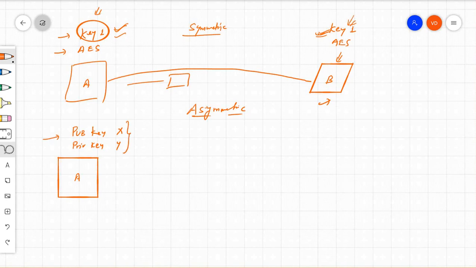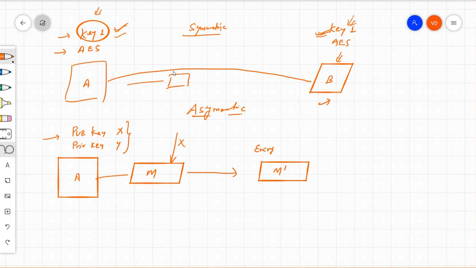And the logic here is, you would be amazed to see that if I have a message, suppose message M, and if I want to encrypt this message with this value X, the resulting message will be, suppose, encrypted message, I will write it M dash. Now this will be encrypted, right? Suppose I use the algorithm, say AES, to encrypt this message.